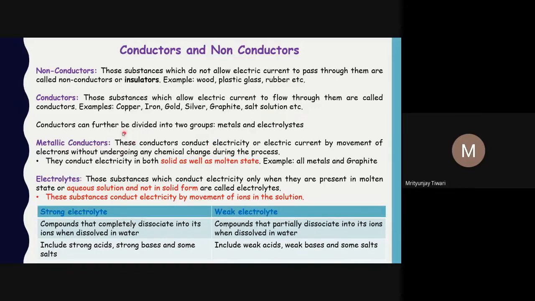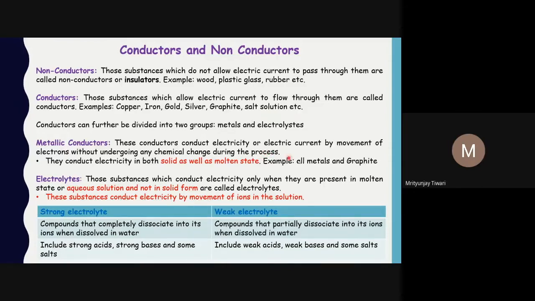Metallic conductors conduct electric current by movement of electrons without undergoing any chemical change during the process. So in the metals, what happens? We see the movement of free electrons from one place to another, and so the electric current is conducted.